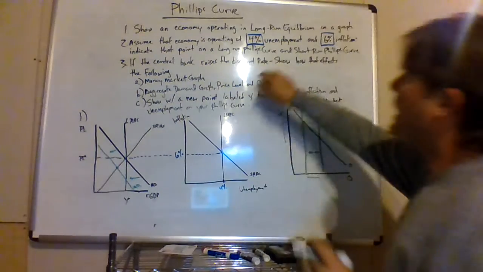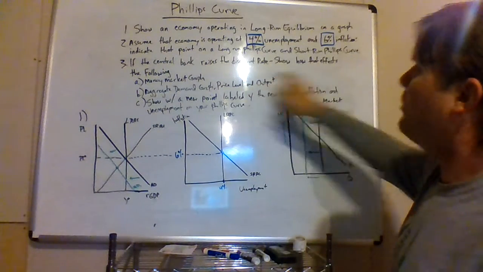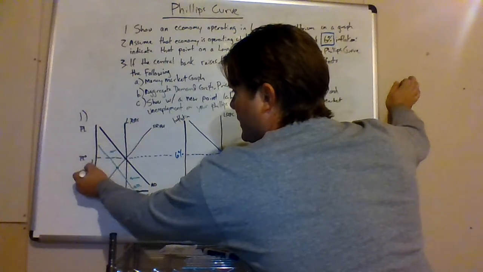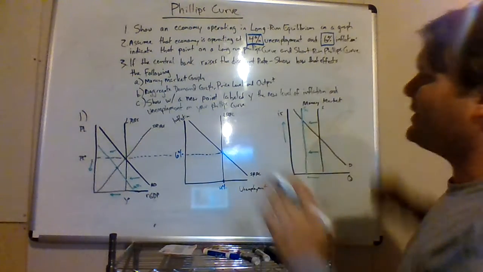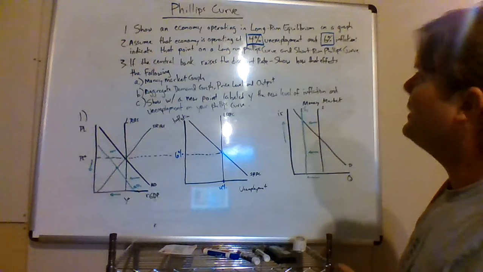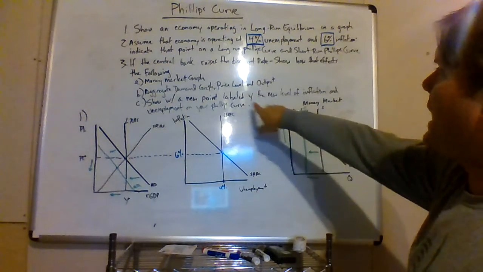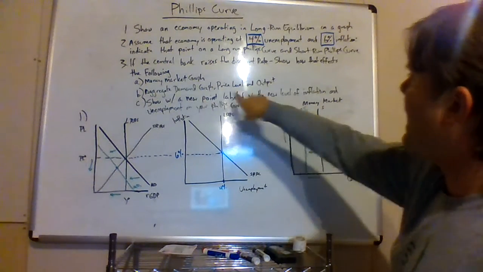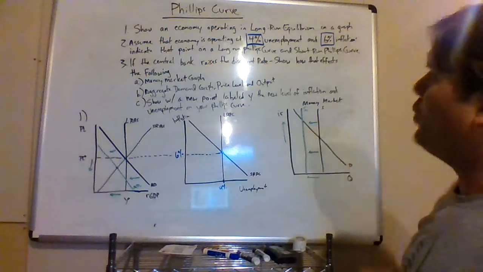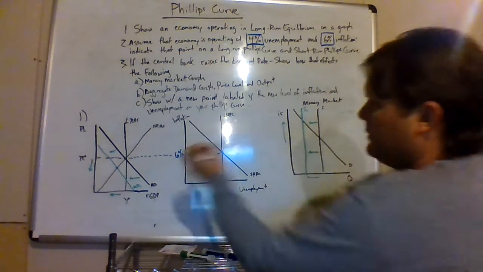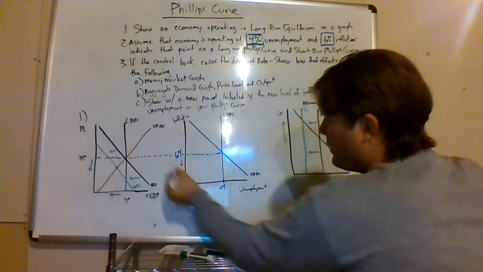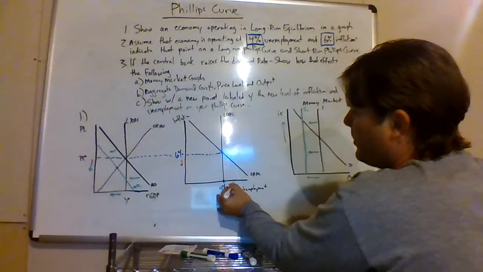It says what's happened to my price level and output. Well, my price level has decreased. My output has decreased. Okay, and the last part that it's showing us here is show on our Phillips curve what that does. So we know that inflation's got to go down and unemployment's got to go up, right?